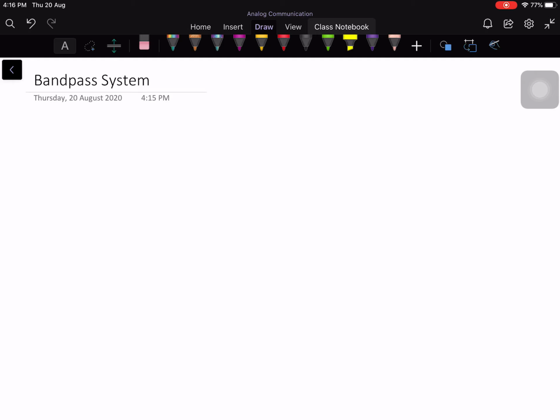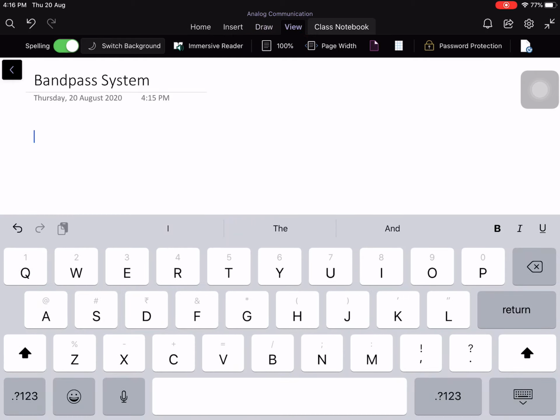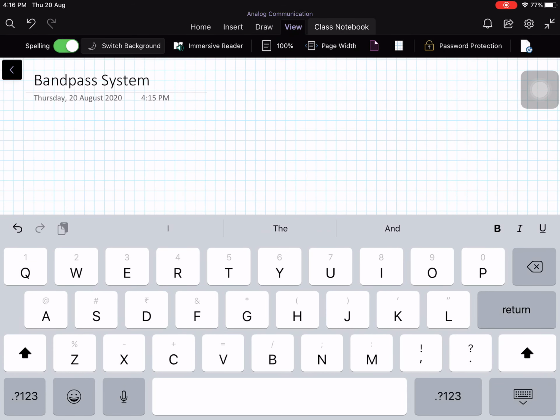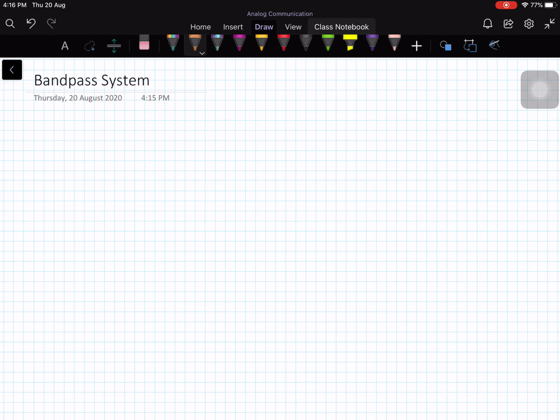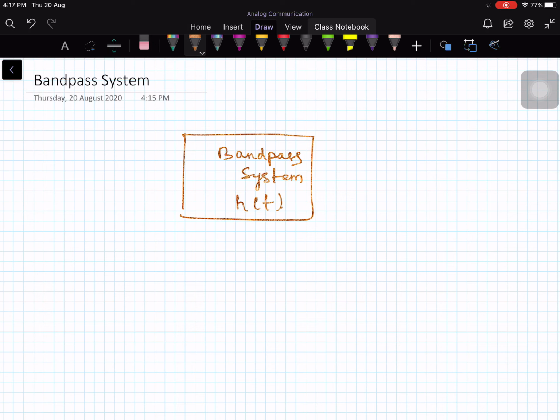So, you have a bandpass system, and its impulse response is h of t, and the input is a signal x of t, and this is a bandpass signal. This is the output y of t.